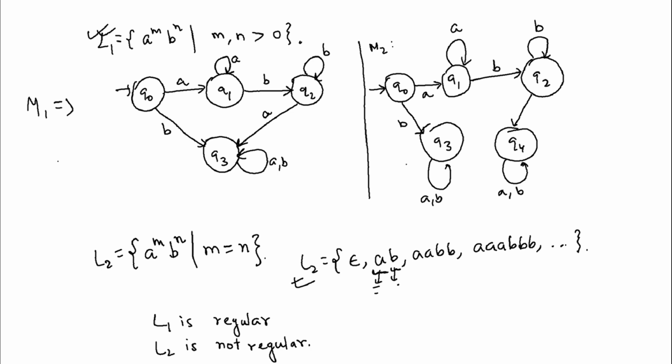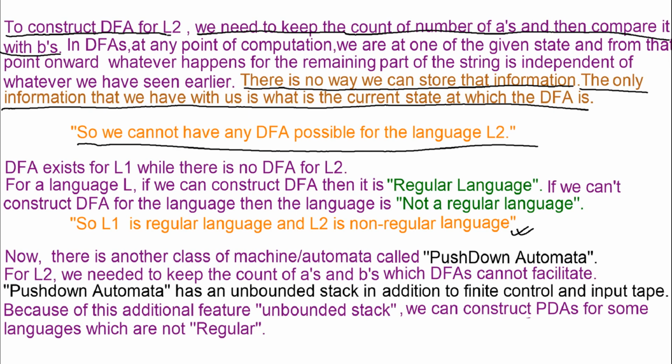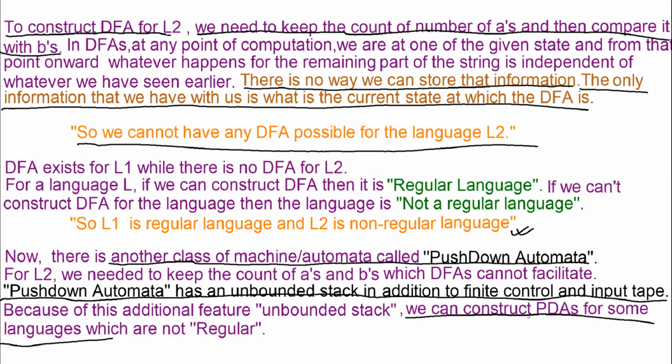To construct L2, we look at another automaton, which is the push-down automaton. A push-down automaton has an unbounded stack in addition to finite control and input tape. And because of this additional feature, the unbounded stack, we can construct PDAs for some languages which are not regular. So you can construct PDAs for the languages for which you can give a DFA.